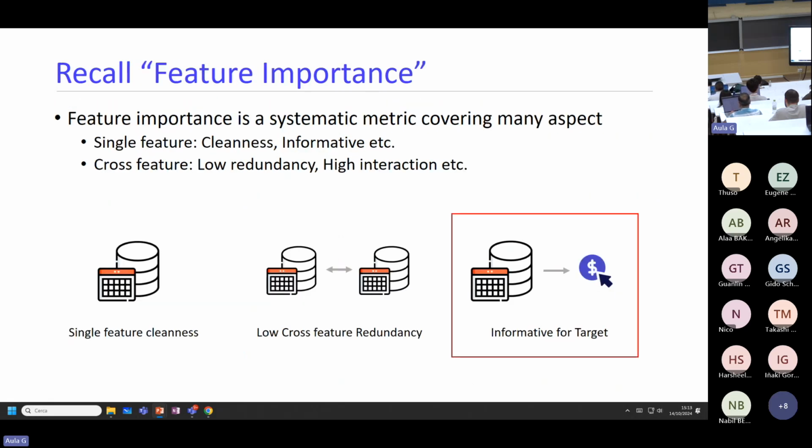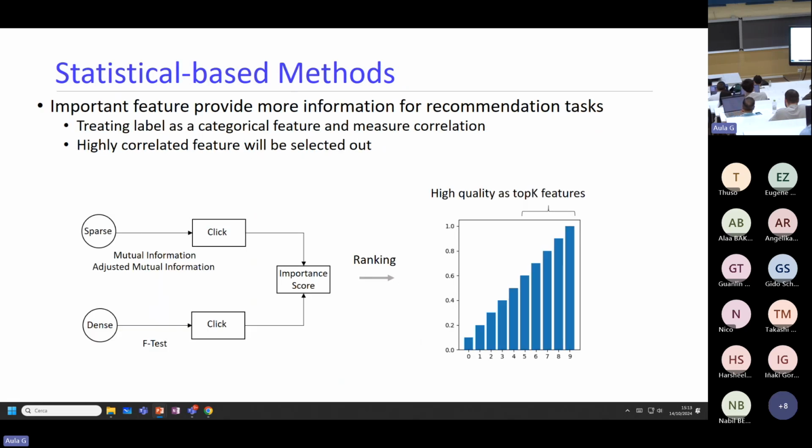Now we come to our third important feature property, which is that it is informative for our target. Basically, if you treat our target, for example, in a CTR task, the click, as a categorical feature, we can measure the feature dependencies using the methods I talked about.